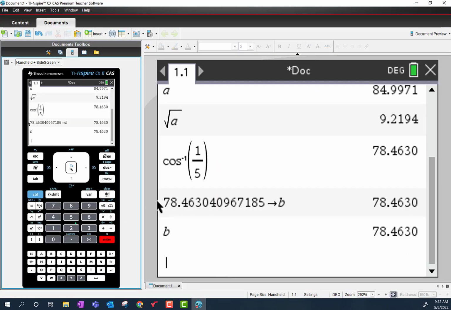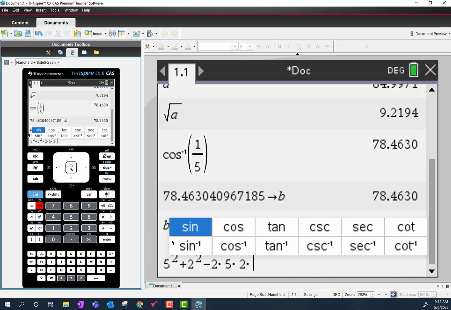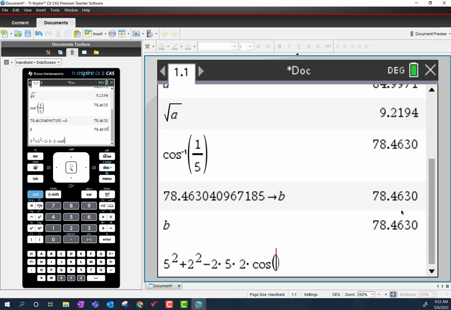Okay, so we've got 5 squared, and we've got plus 2 squared minus 2 times 5 times 2 times cosine of this angle measure.